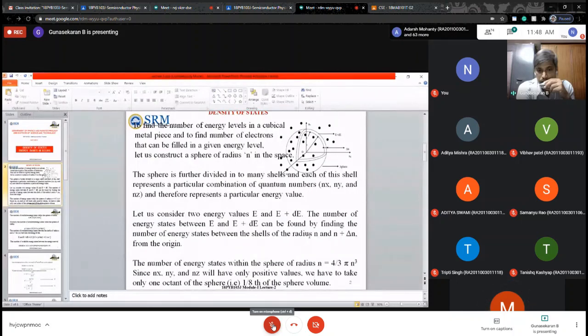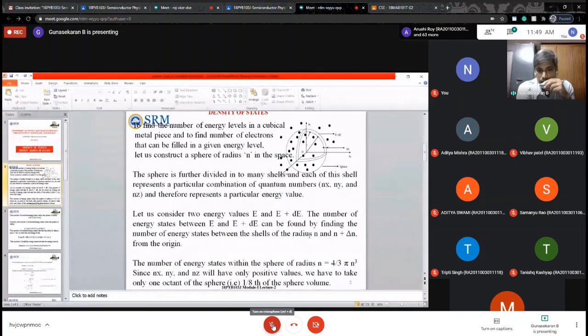So from the diagram, please understand, that is delta n. Now our aim is finding the number of available energy states between the shells n and n plus delta n distance. So n is nothing but a radius, and n plus delta n is the distance between the two energy levels.